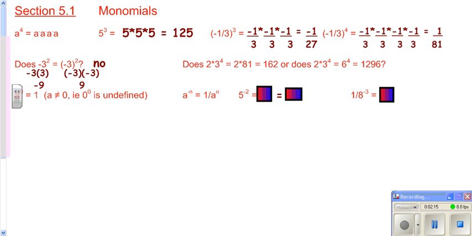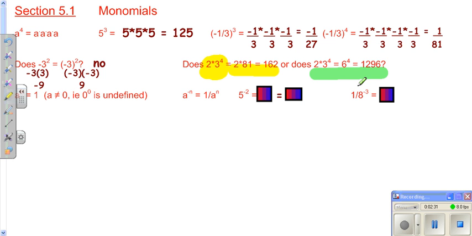So when you look over here, the first one is what we're trying to figure out. The question is, is it this right here, or is it this right here? Well, the difference is, to work this one out, they multiplied the 2 and the 3 together, and then they're going to go ahead and do the exponents.